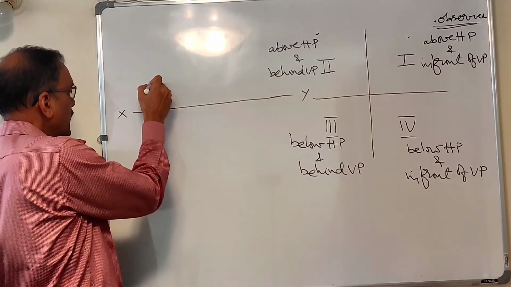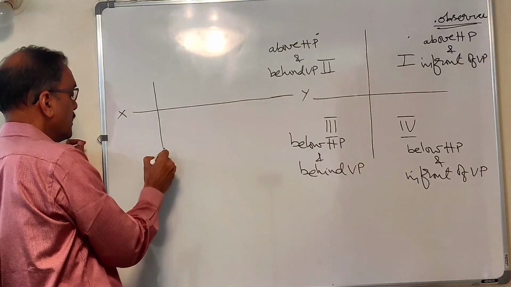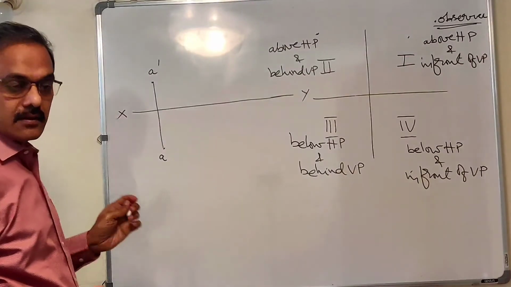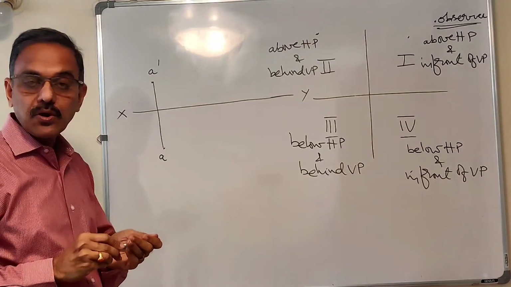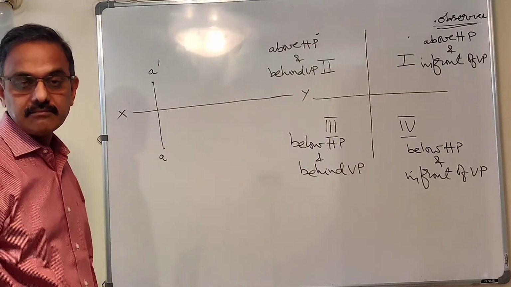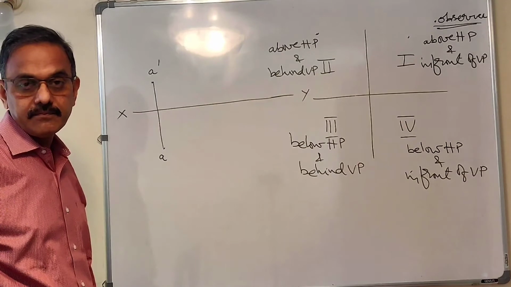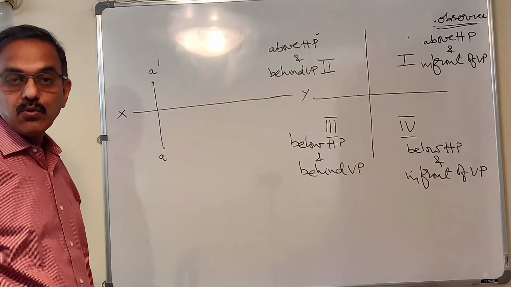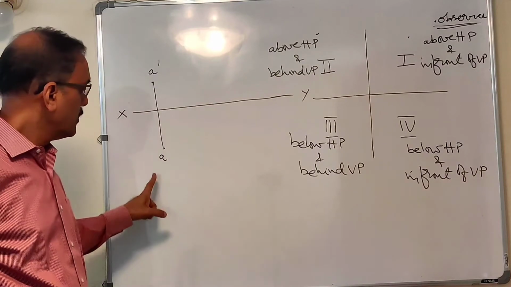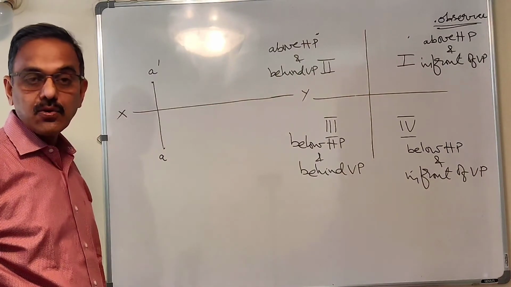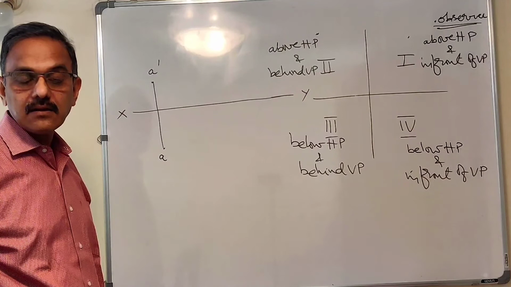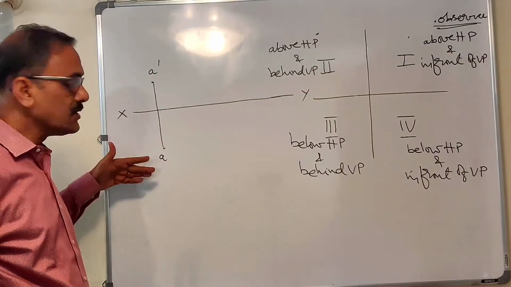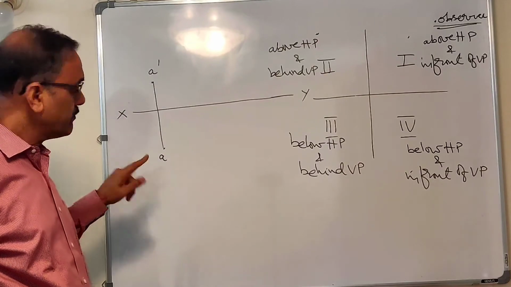Let me take a point A. Can you tell me in which quadrant the point is lying? Think over. In which quadrant is the point lying? First, second, third or fourth? Just read its position with reference to VP and HP.